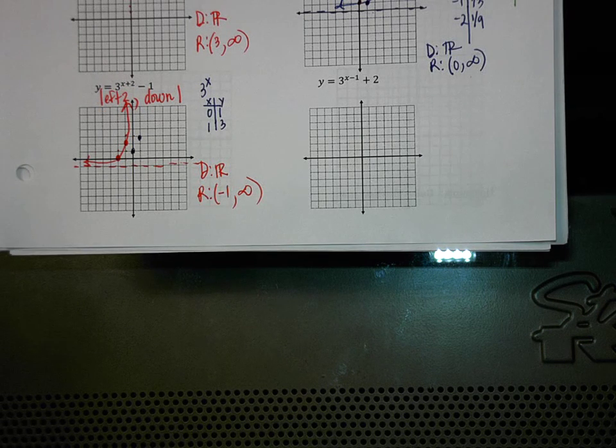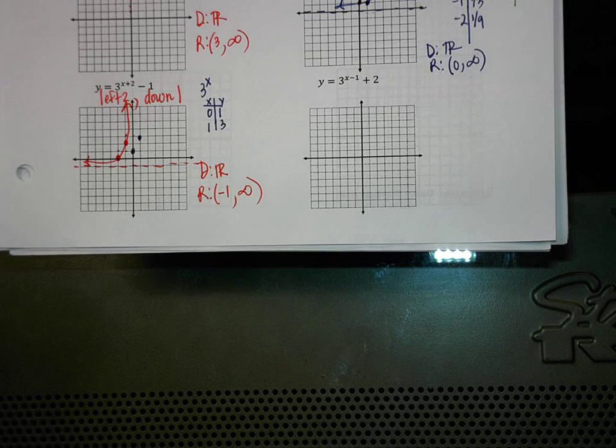So this one is right. So the original is 0, 0. Now you're going to shift this one, right one, up two. So each of these points are going to shift that. Okay.